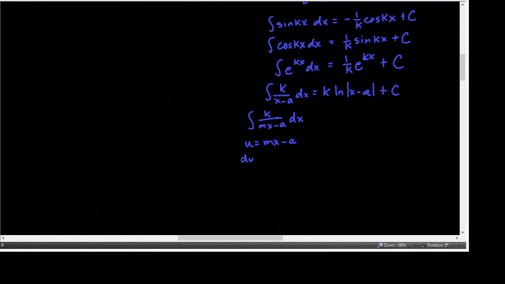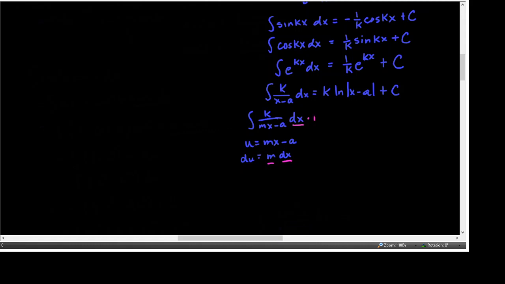then du is equal to m times 1 minus 0 times dx, where these m and k and a are always some constant. I probably should have said that. I just forgot. Okay, so our du needs not only the dx, which is essential, it also needs that m.